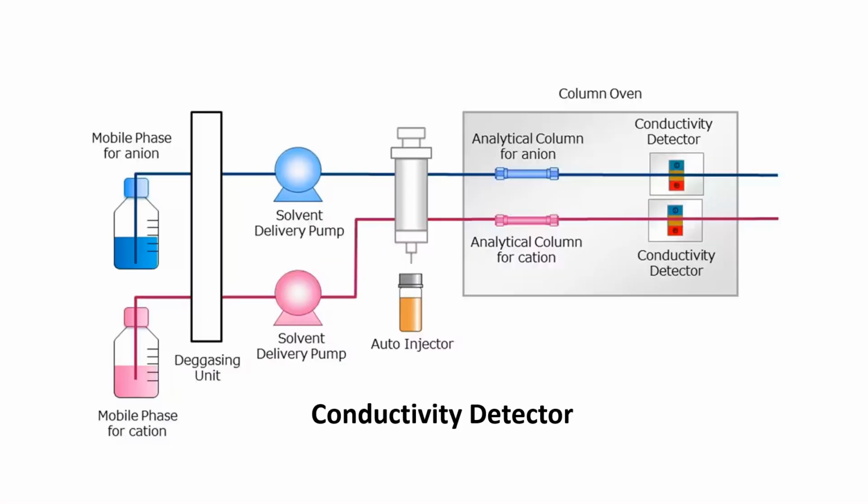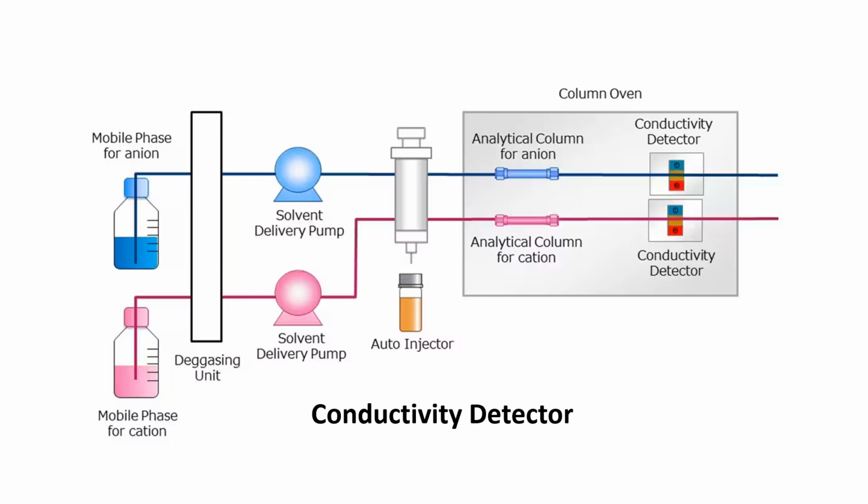Now coming to the conductivity detector, it is a detector where electric conductivity measurement of a solution is a method of detecting ions in a solution. After the target ions are eluted, the change in the electric current is detected with a constant voltage imposed between the electrodes.